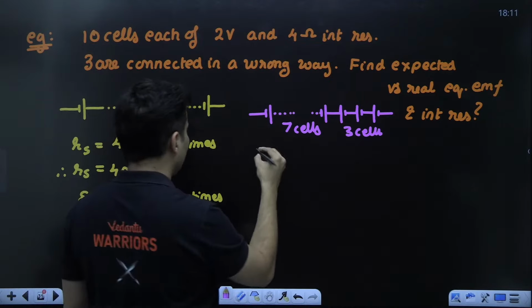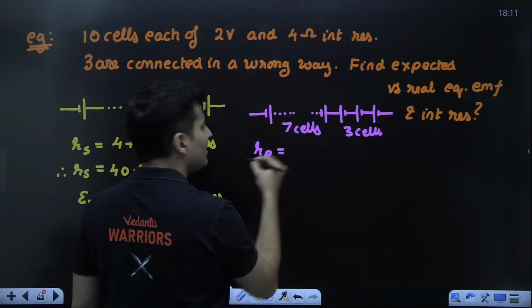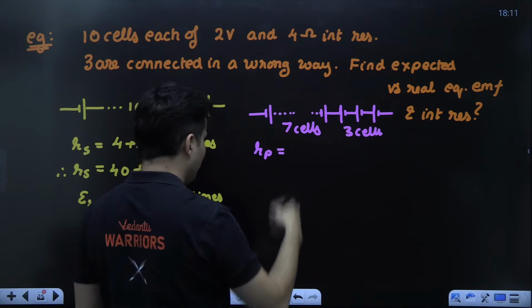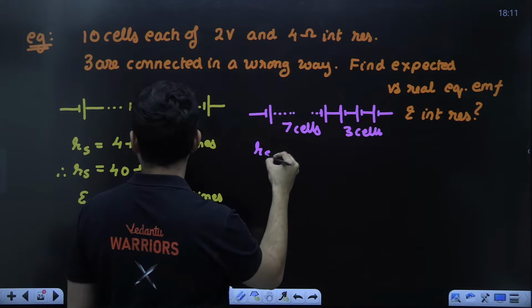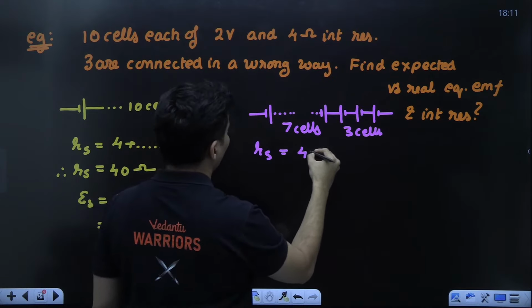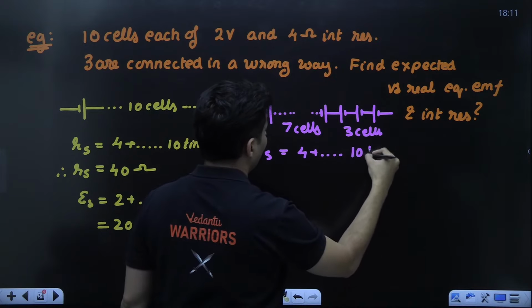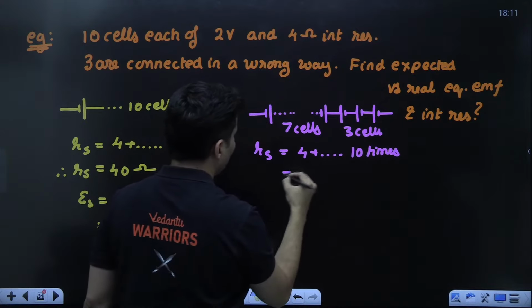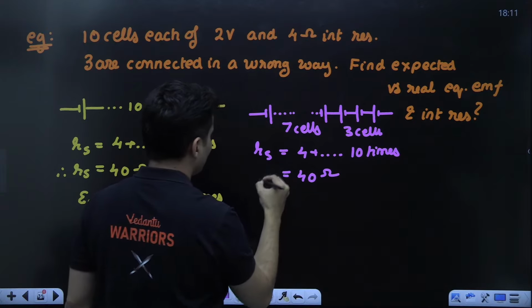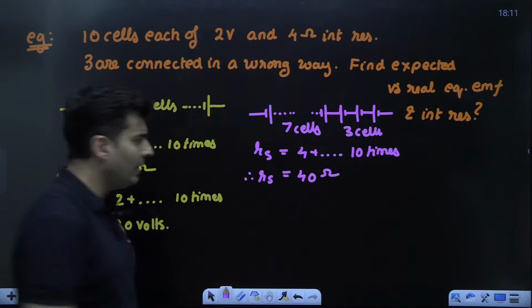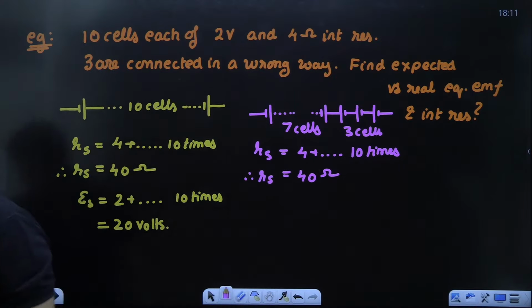What will happen? Resistance wise, there is no change. Whether you connect it this way or that way, it doesn't matter. So RS will be 4 plus 4 plus 4, 10 number of times. It will still be 40 ohms only. So the equivalent internal resistance is still 40 ohms, no change in that.